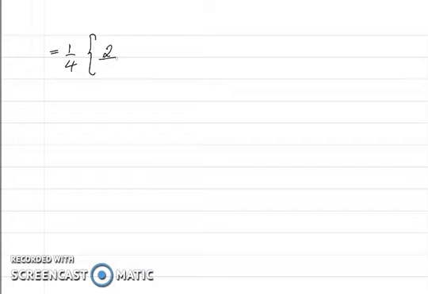So this is 2 over 5 u to the 5 over 2, minus, dividing by 3 over 2 is the same as multiplying by 2 over 3, and this is u to the 3 over 2, plus c, which is the constant of integration.